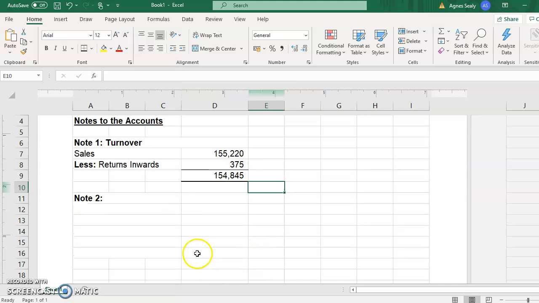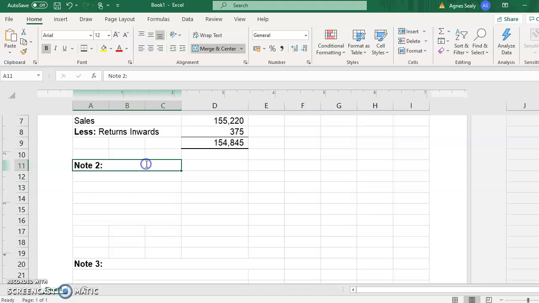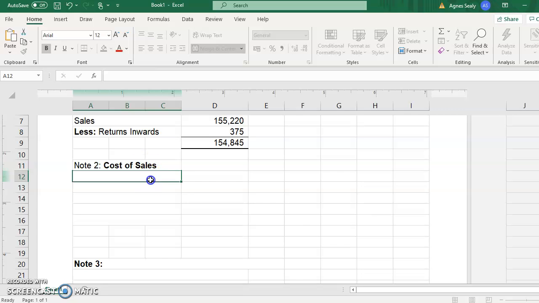Right? So then let's go to note 2. My note 2 will be my cost of sales. So how do we normally calculate our cost of sales? Our cost of sales is usually our opening inventory. And to that, we usually have to add our purchases.